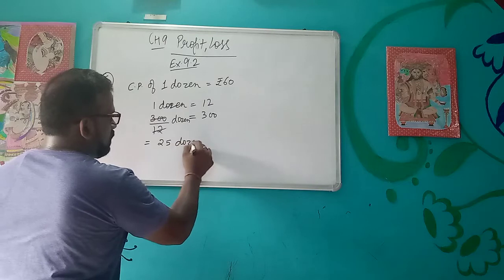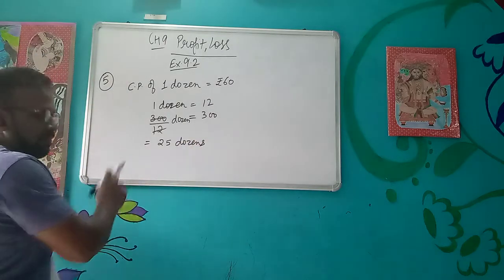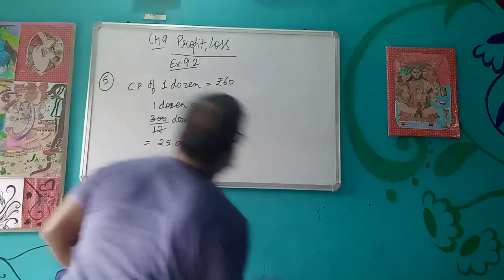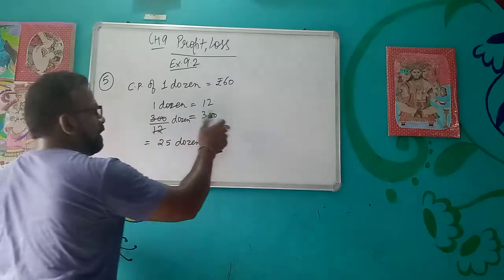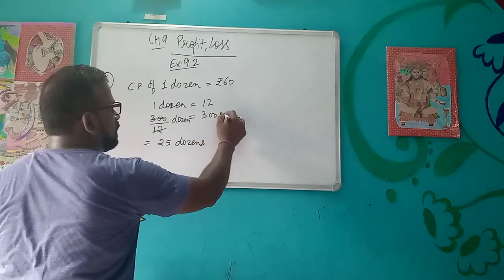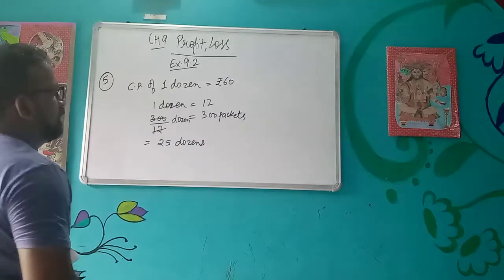So first we will calculate the number of dozens. We know that in 1 dozen, 12 units are there. So 300 packets will constitute how many dozens? You just divide it. You will get 25 dozens.